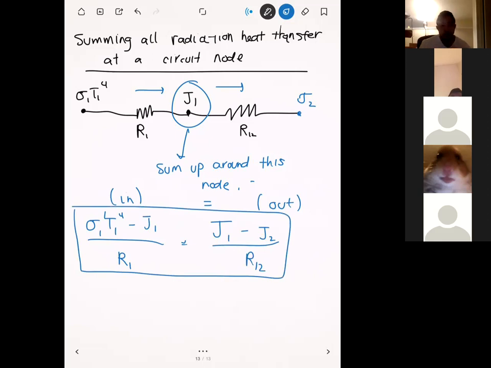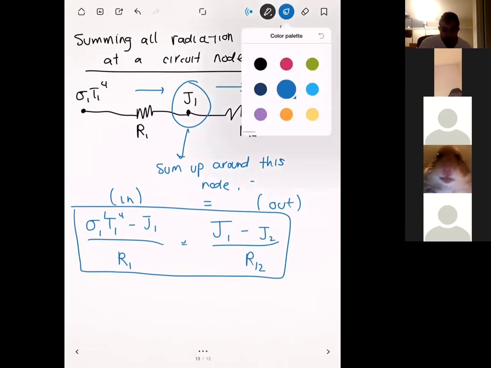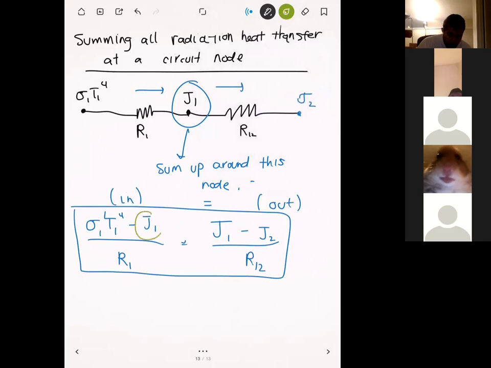Of course, you can plug in numbers for this in order to get an equation from it. The reason I'm showing you this is that usually the unknowns in these radiation problems are the radiosities. A big part of these radiation exchange problems is to solve for those radiosities.